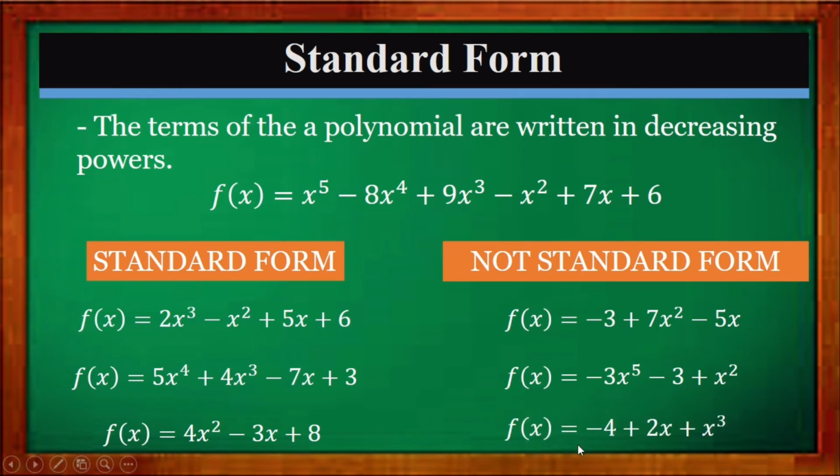Another one, we have f of x equals negative 4 plus 2x plus x cubed. So as you can see, nabaliktad. Dapat itong x cubed nasa first term. Then ito si linear term as is pa rin, nandito siya sa second term, and si constant term dapat nandun siya sa last term.